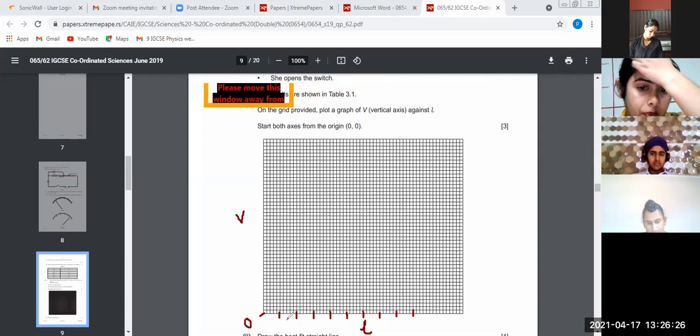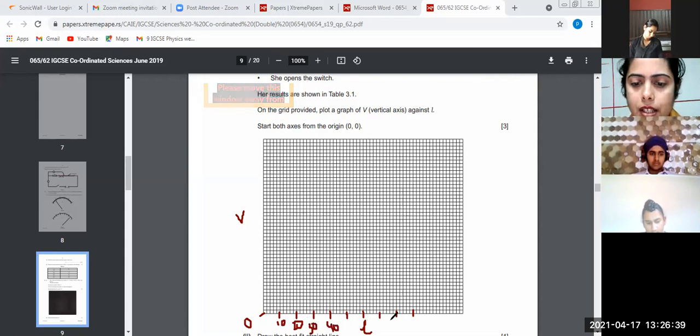This way. So it is 10, then 20, then 30, 40, 50, 60, 70, 80, and this is 90. Fine.